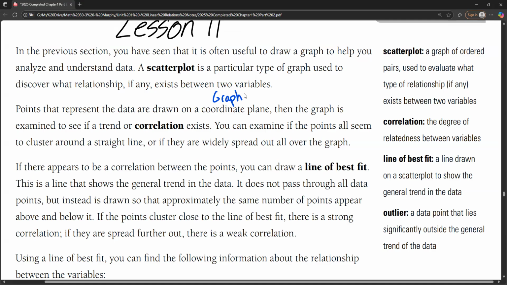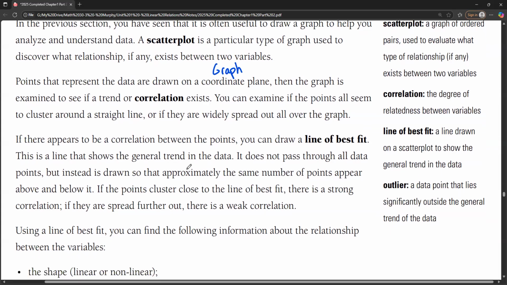The closer the points are to the line, if it looks like they're really clustered close together, then you have a strong correlation. There seems to be a real relationship between the two things you're comparing. If they're spread out, that suggests there isn't really a correlation. It's weak. If there appears to be a correlation, you can draw a line of best fit.